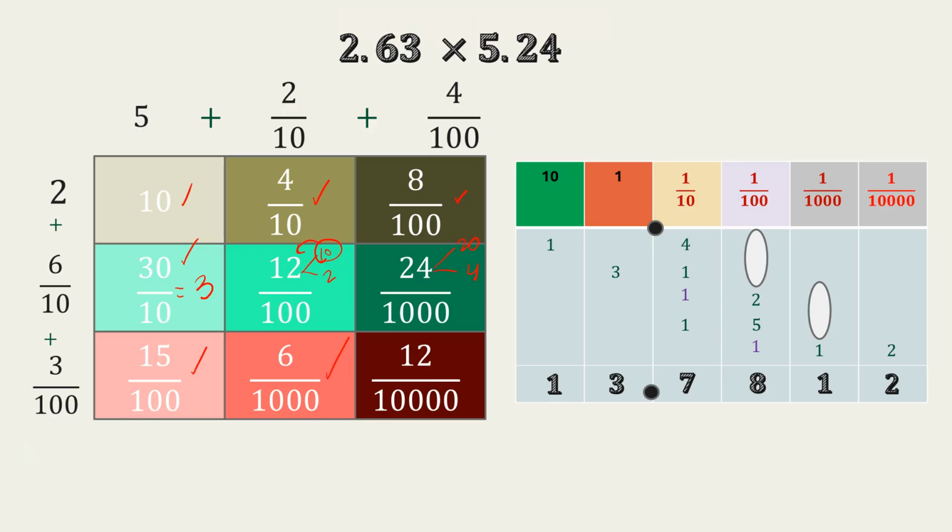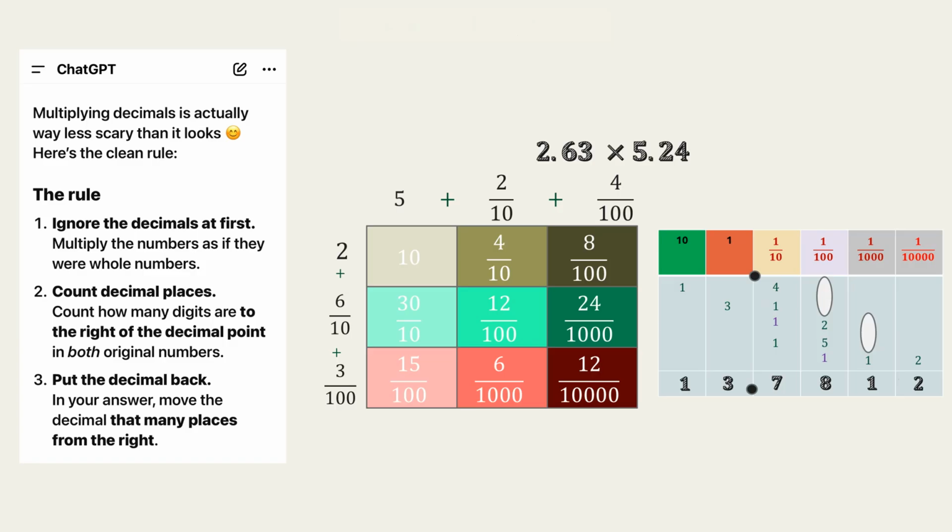Okay, so if you put this in ChatGPT and ask, how do I multiply decimals? ChatGPT tells you this. Ignore the decimal, count how many places to the right, and then put the decimal back.